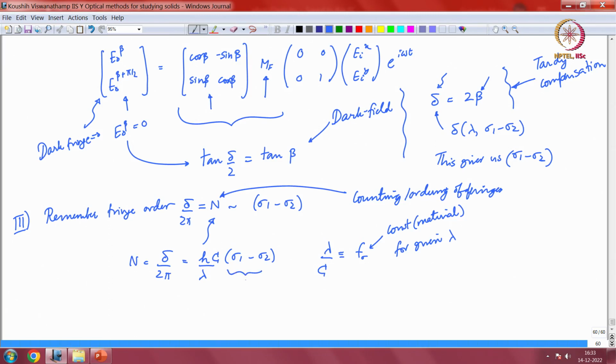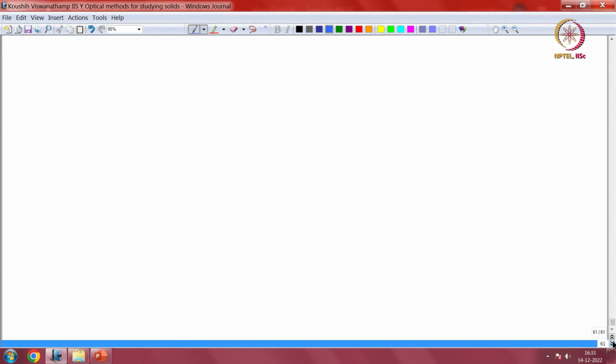So, you can get sigma 1 minus sigma 2 if we know c, or in general, if we know f sigma. If you are using the same wavelength all the time, then you need to get f sigma, and once you know that, you can put that in and you will get the value of sigma 1 minus sigma 2. And the way in which you obtain this constant f sigma is from a standard calibration procedure.